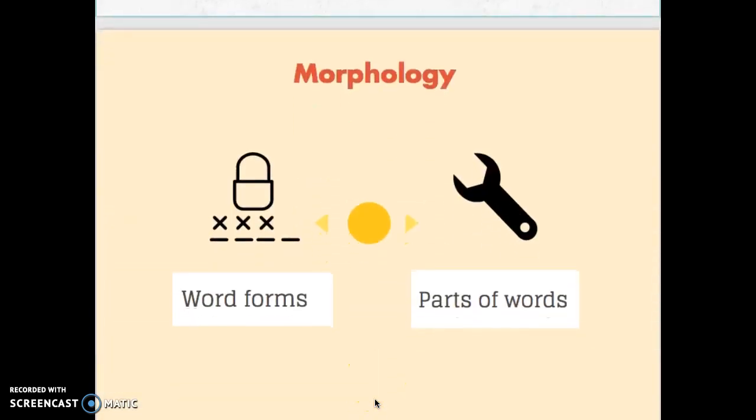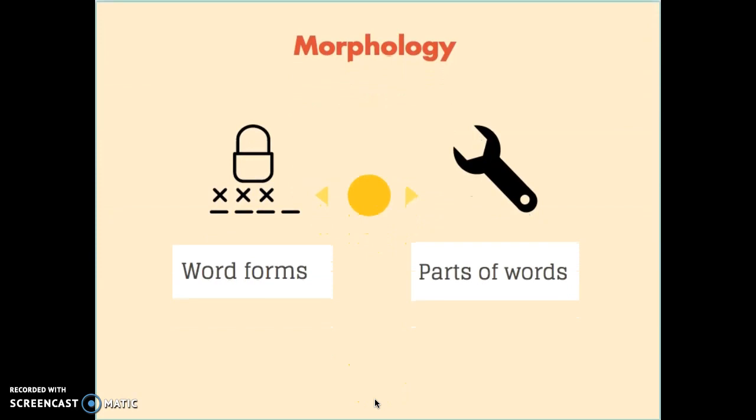So now you know that cognates are semantically overlapping words in two or more languages that may or may not be identical. To further help you identify cognates, you should know that they're often morphologically the same, meaning they usually come in the same word forms with similar parts of words.